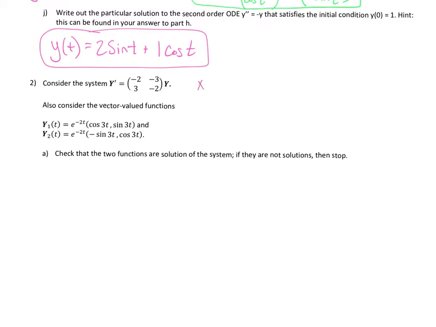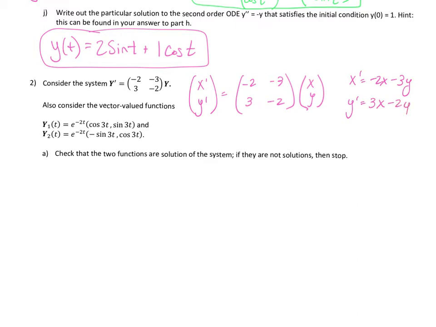So we're going to call that (x prime, y prime) equals the matrix (-2, -3; 3, -2) times bold y, which is a vector that has an x and a y in it. And if I translate this to equations, it says x prime equals -2x minus 3y, and y prime equals 3x minus 2y. Okay, so I've translated that.